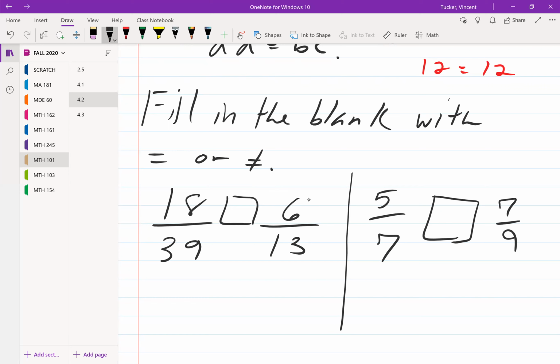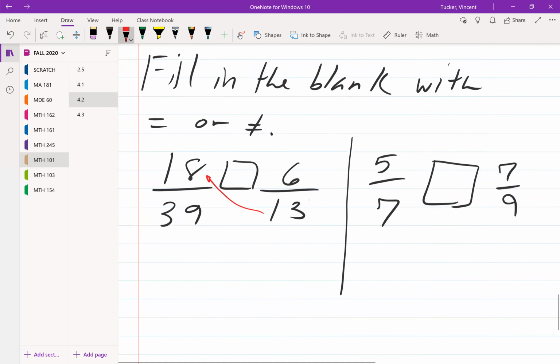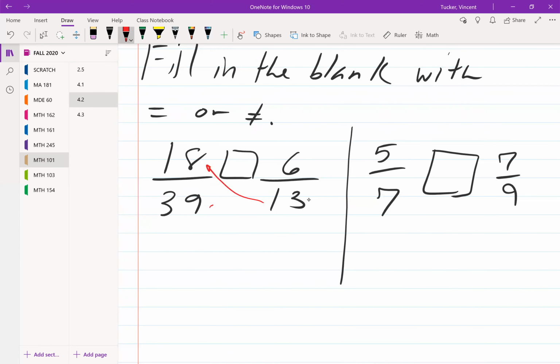All right, so next exercise, fill in the blank with equal or not equal. So we will do what I mentioned earlier, cross multiply, which is 18 times 13 and 39 times 6.